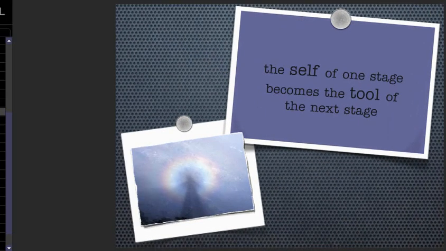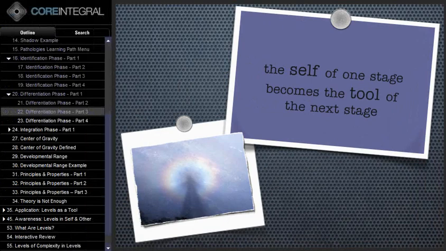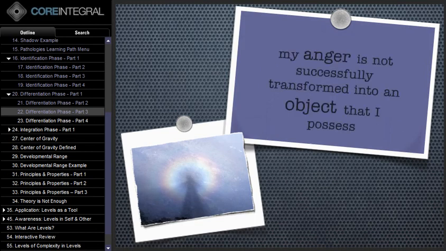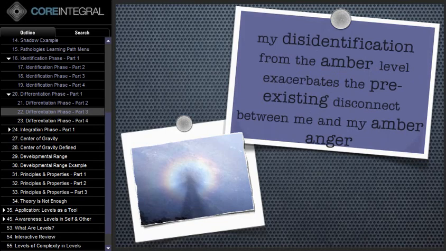Jean Gebser stated it most accurately when he said that the self of one stage becomes the tool of the next stage. The main problem that can occur in the disidentification phase is that I cannot transcend anything that I don't already own. For instance, if I have never truly owned my amber anger, when I am disidentifying from amber, when I am transforming my amber self into an amber tool, possessed by my newly emerging orange self, my anger is not successfully transformed into an object that I possess, but instead, my disidentification from the amber level exacerbates the pre-existing disconnect between me and my amber anger.